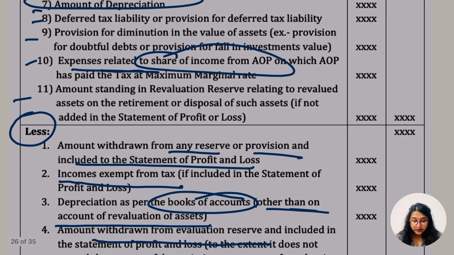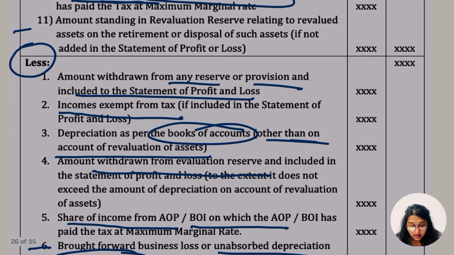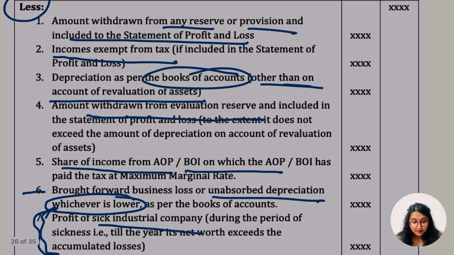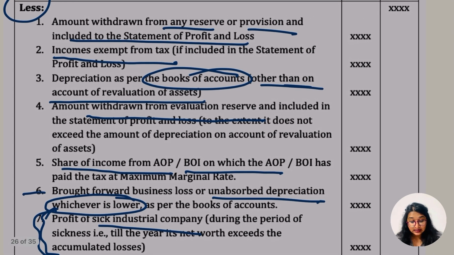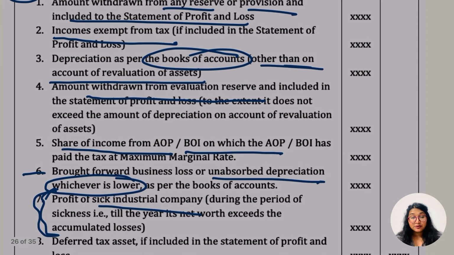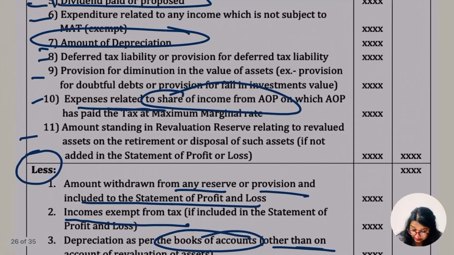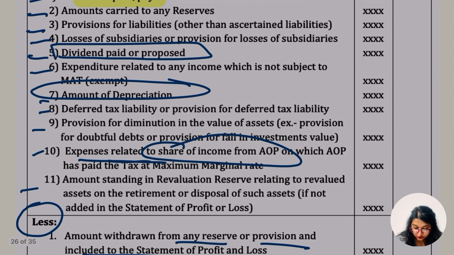From this we have to deduct the amount withdrawn from any reserve or provision and included in the statement of P&L. Then comes income exempt from tax which is included in the statement of P&L. Then depreciation as per the books of accounts other than on account of revaluation of asset. Earlier there was also depreciation, right?